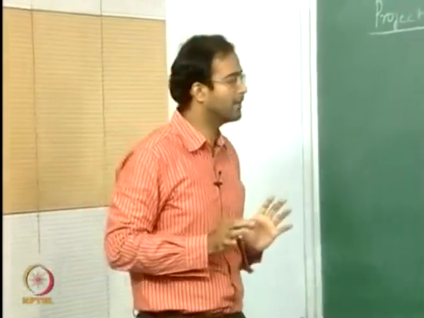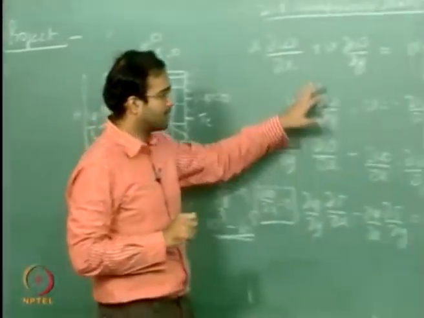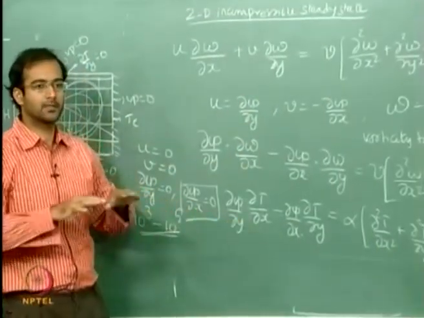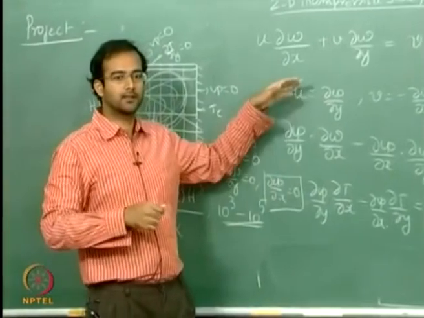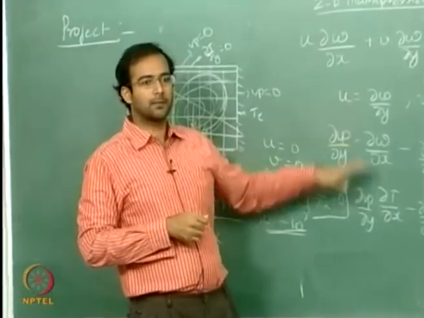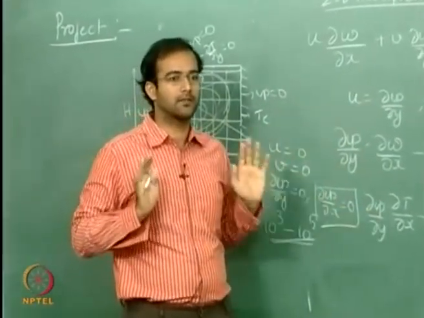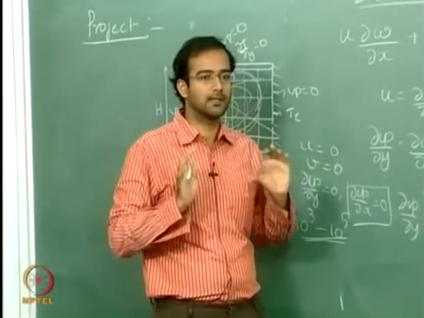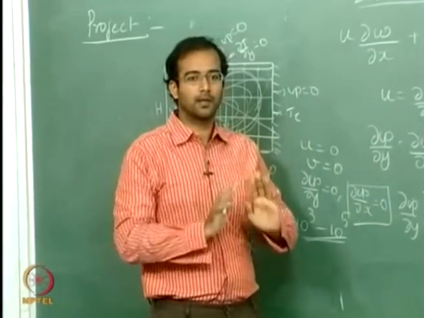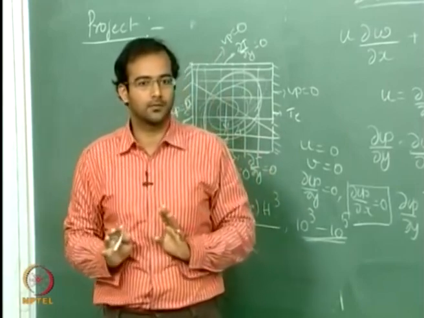Okay, but it's very straightforward, and you just have to construct the finite difference expressions, and you will therefore be converting the partial differential equation into a set of algebraic equations. So that is the method of how you numerically solve differential equations.